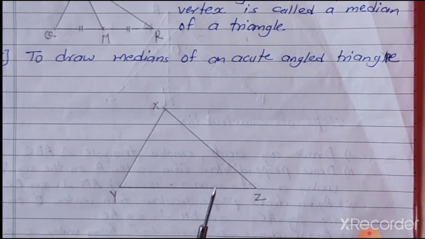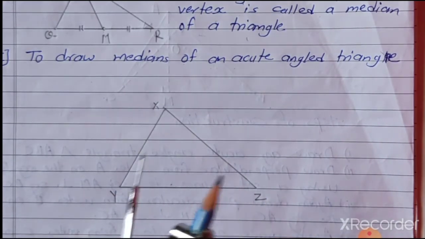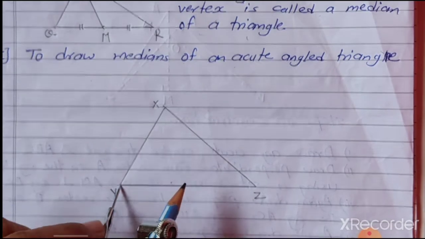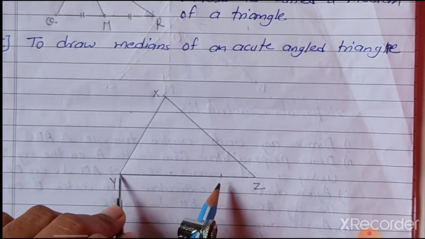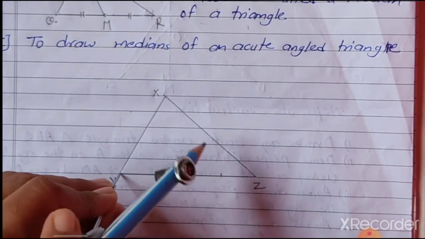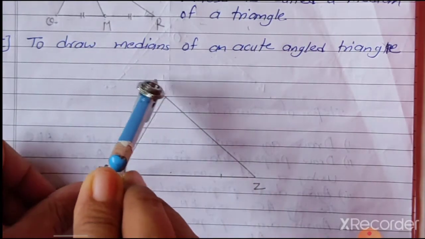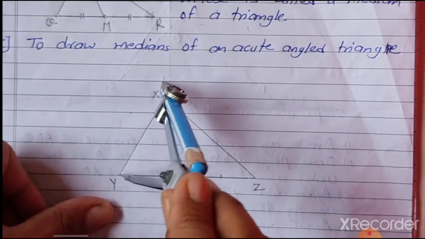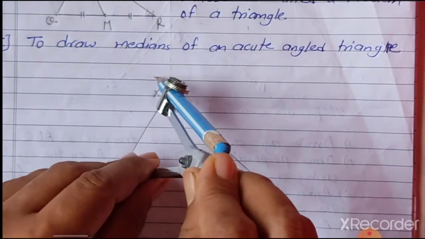Put your compass needle on vertex Y. Take more than half the distance, and check that this arc goes outside the triangle. So yes, it is going outside. Here I am drawing the first large arc.